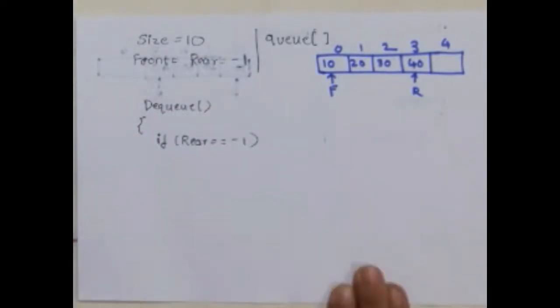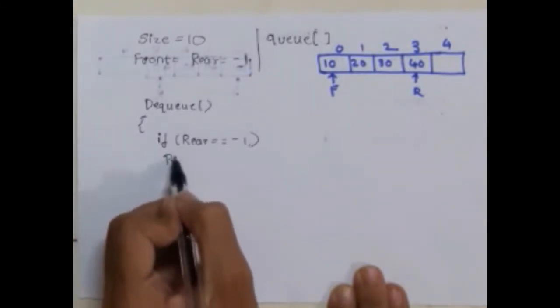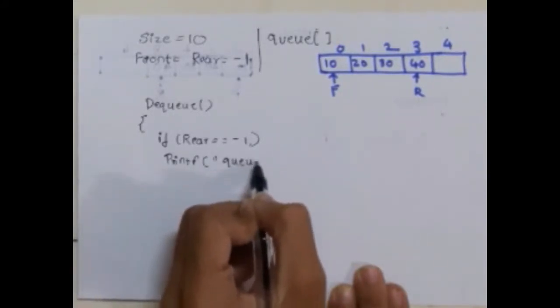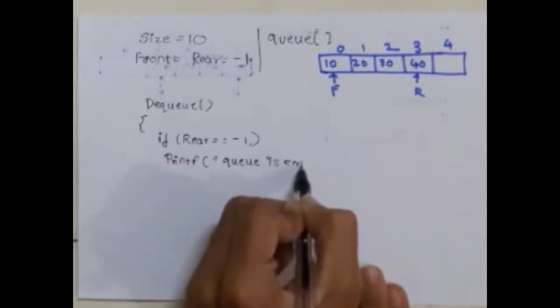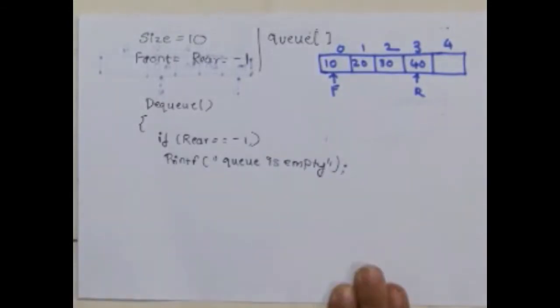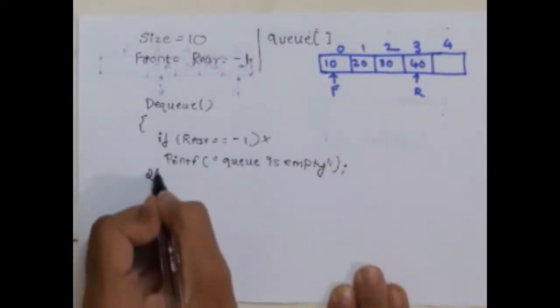When there is nothing in the Q, at that time rear is equal to minus 1. So if this condition is true, print Q is empty or underflow.